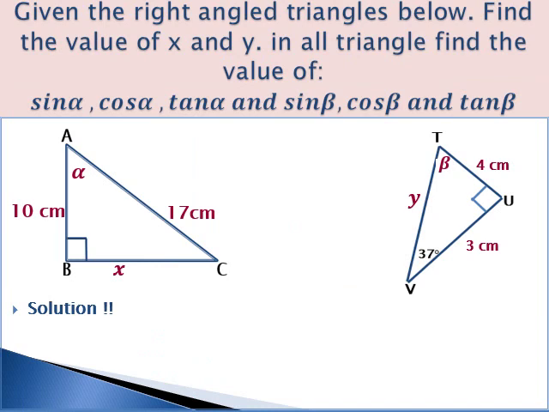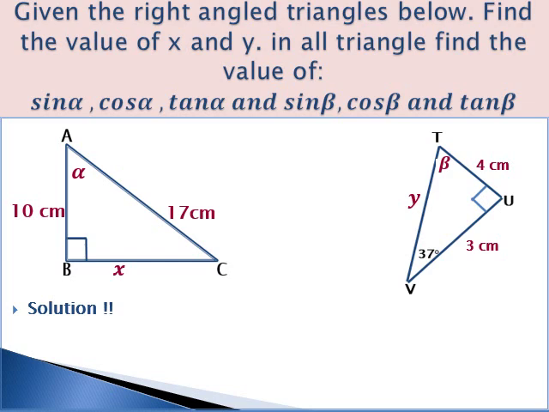Even this one, let's try to put it into practice. Let's try to solve these specific questions that we have here in front of us on our slide. Given the right angle triangle below, find the value of x and y. In all triangles, find the value of sine alpha, cos alpha, tan alpha, and sine beta, cos beta, and tan beta.